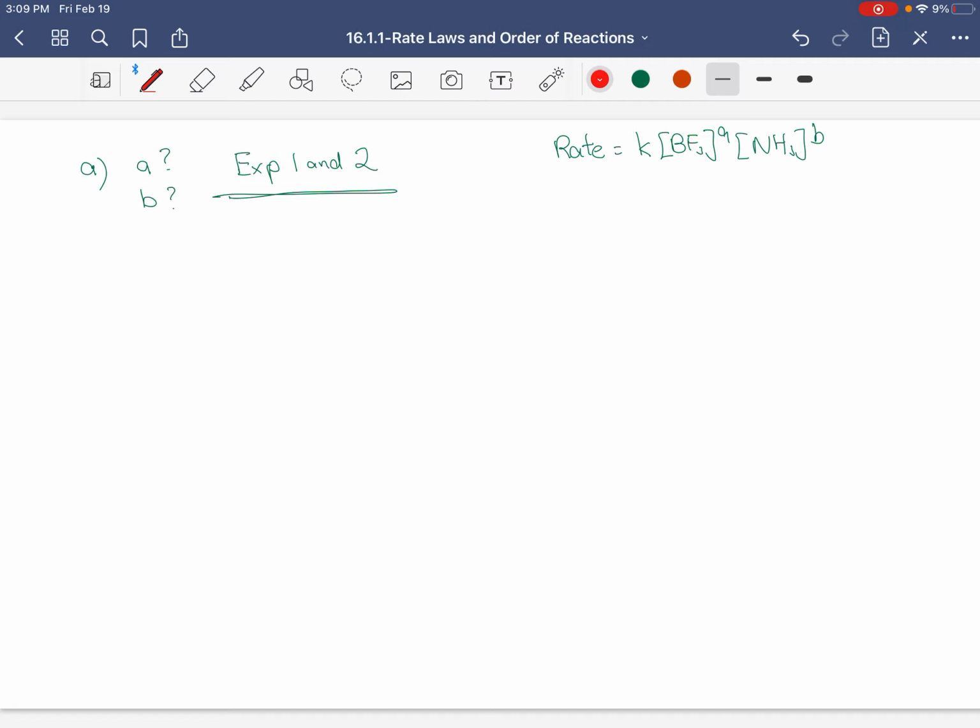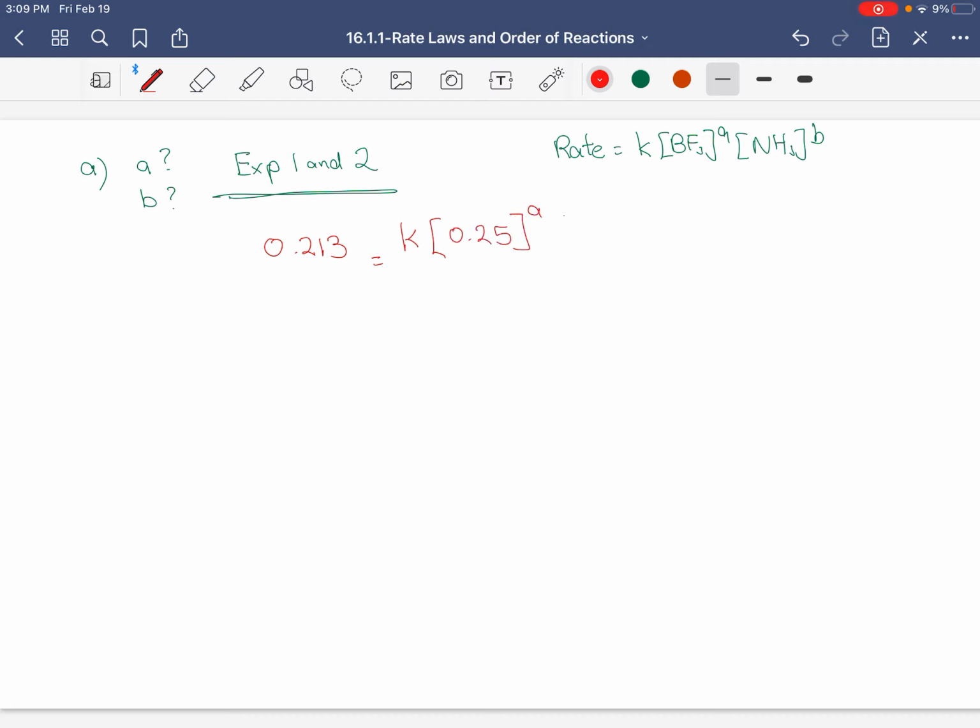So let's go with experiment 1 on top. The rate here is 0.213. That's the speed of this reaction. That is equal to some sort of K times BF3, in this case, is 0.25.